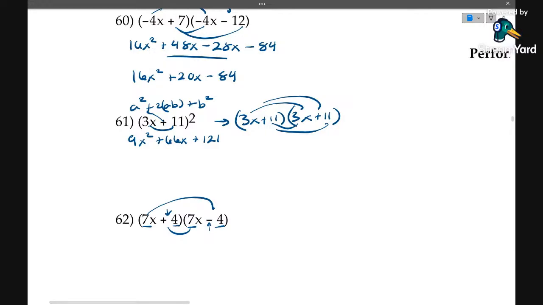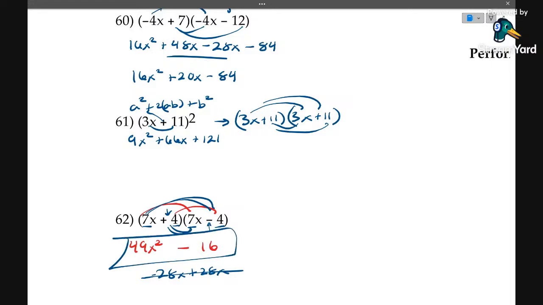I'll show it, but I just want to highlight how we're going to have the first term squared. We're going to have the last term squared. If I multiply and I get the negative 28x and the positive 28x, those terms cancel out. So I'm just left with the difference of squares as the product of those two binomials.